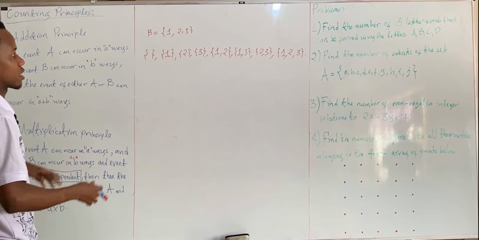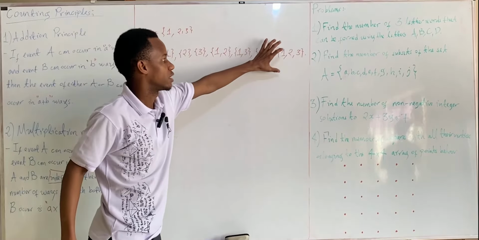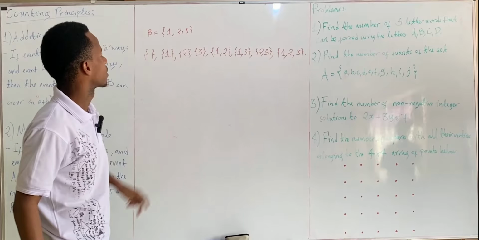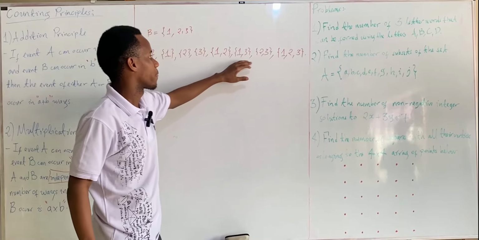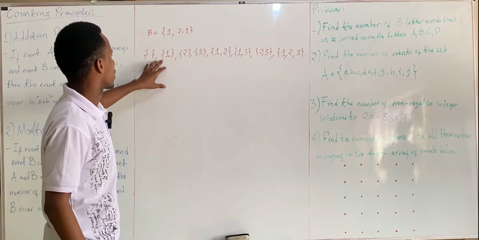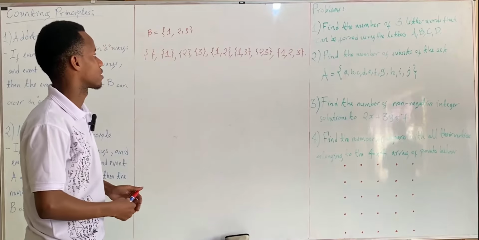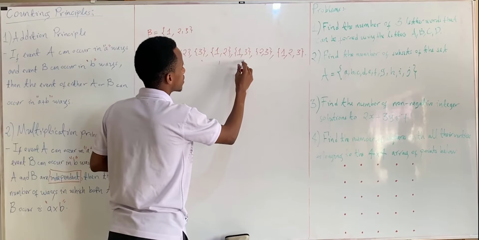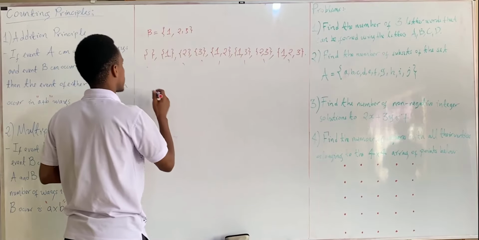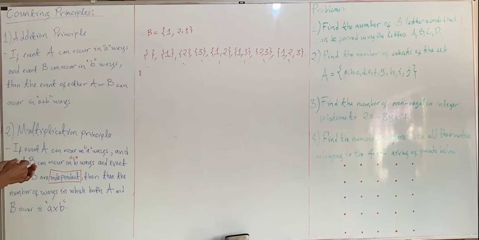The entire set is also a subset of the original set, as long as whatever is in the subset is also contained in the original set. So these are all the possible subsets of the original set B, which contains 3 elements. So we have 1, 2, 3, 4, 5, 6, 7, 8. We have 8 subsets in this case.